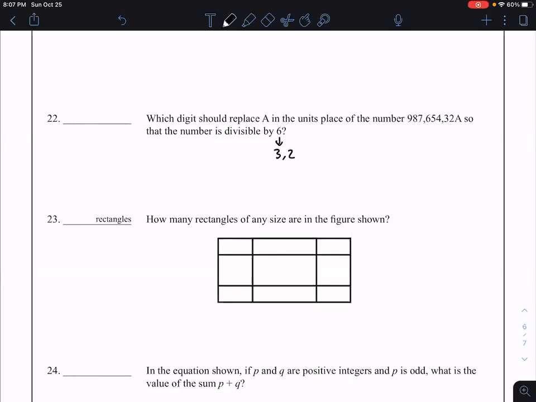And obviously, for a number to be divisible by 2, then it just has to be even. And then for a number to be divisible by 3, then all the digits of the number have to add up to some multiple of 3.